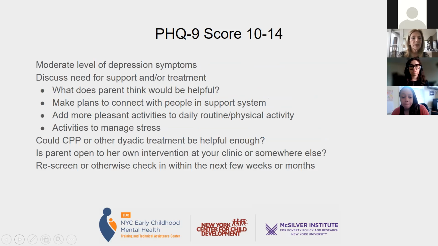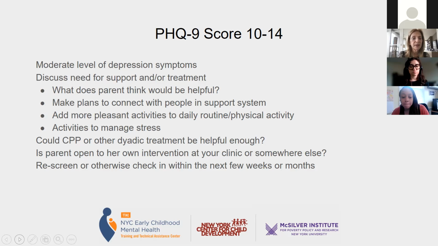Okay. Scores in the 10 to 14 range are more suggestive of depressive symptoms. So more discussion with the parent about support and treatment is indicated. Parent can be involved in thinking about what would be helpful to them. Again, more psychoeducation about what the parent can do to promote their own wellness. And then for your own thinking, is this a parent who needs their own treatment? Could CPP or dyadic treatment be helpful enough?